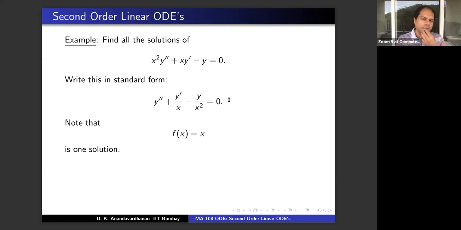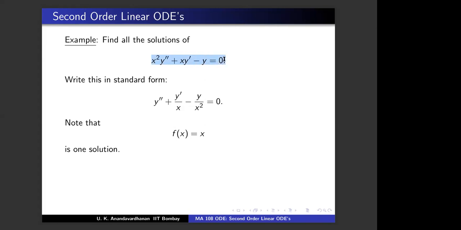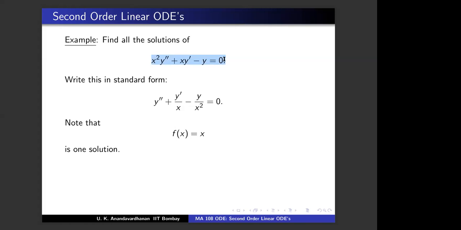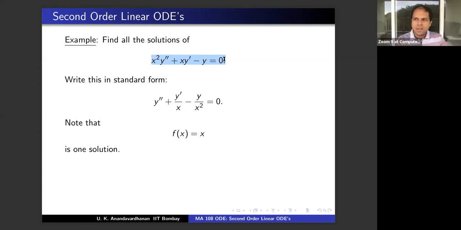In this case you can observe that x is a solution, but more generally, you try x to the power m, you will get a quadratic in m and you solve for m. We get m equal to plus or minus 1. And you will have to analyze three cases: distinct real roots, equal real roots, and complex roots.